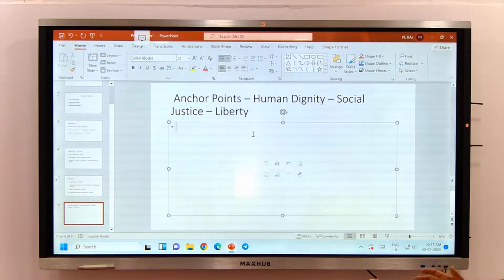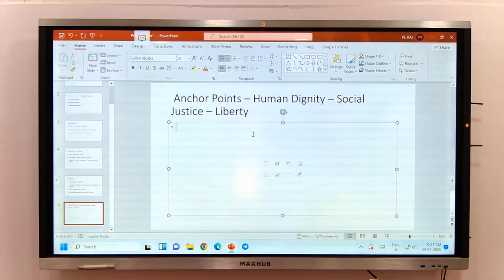There should be anchor points for our arguments and justification. If any victims are dealing with the problem of human dignity, principles of liberty, these are the anchor points.